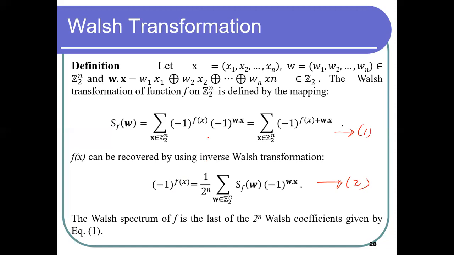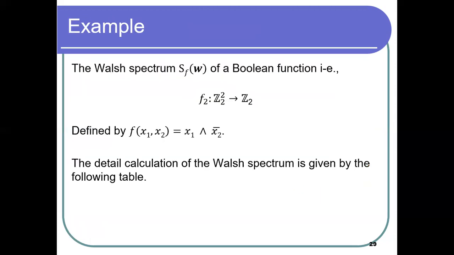How do we understand these definitions? In order to understand them, we take one example: how to calculate the Walsh spectrum of the Boolean function f from Z2 to Z2.